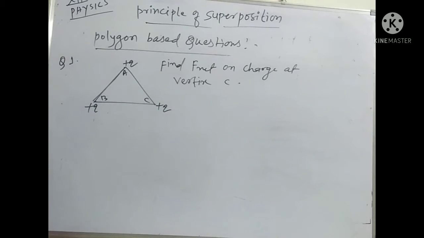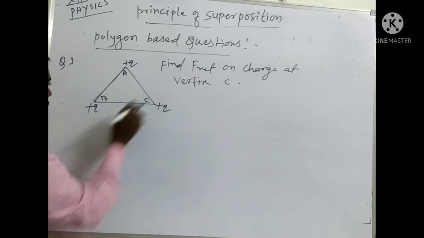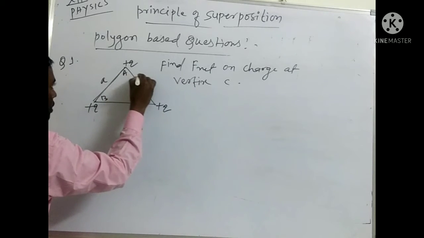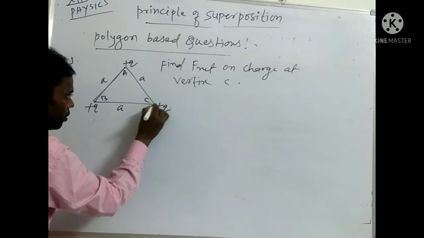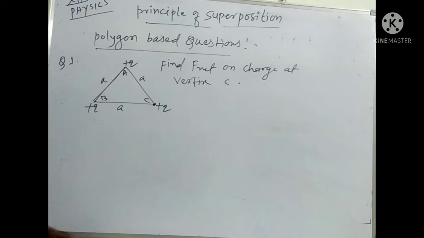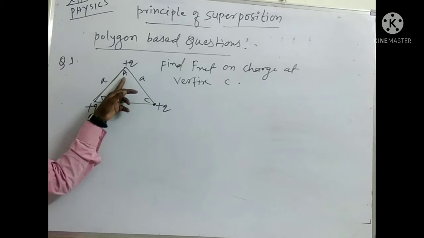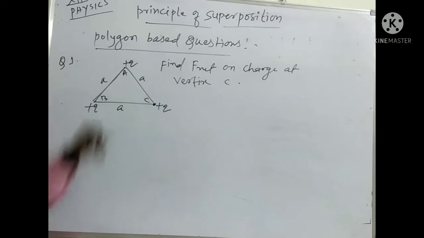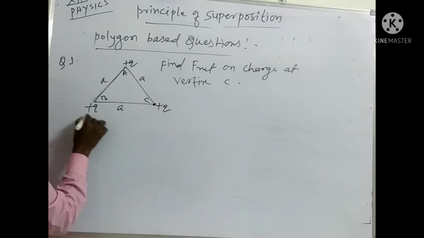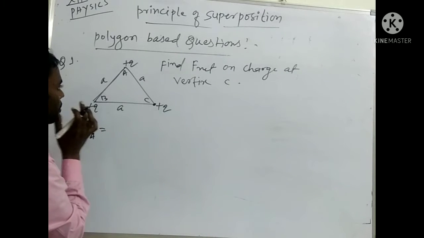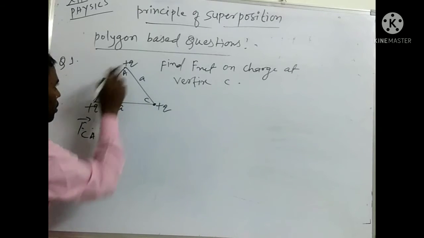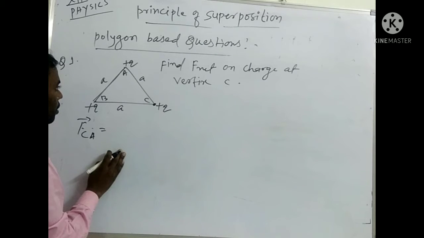Right? Here how we have to find: A, B, C is an equilateral triangle, each side is a. Net force means the force will act due to vertex A and vertex B. The force on C due to A is, by Coulomb's law, there is a plus Q charge, there is also a plus Q charge.